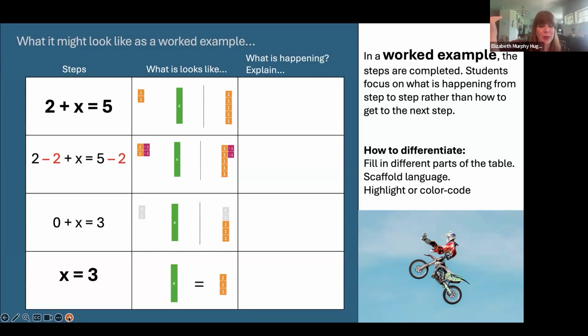You can also scaffold the language. If vocabulary is one of the challenges or the access points for learning mathematics and expressing things mathematically, you can include a word bank. You can provide examples. You can say, use these terms or use these phrases when explaining what's happening.